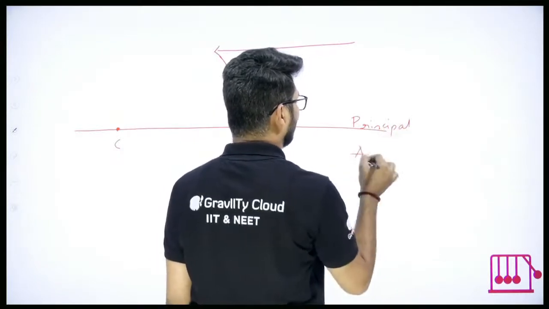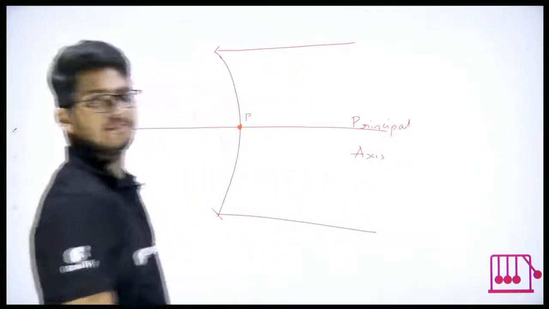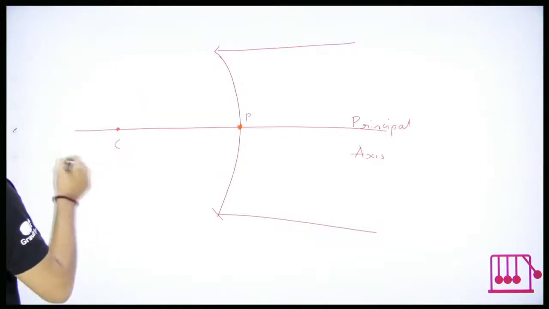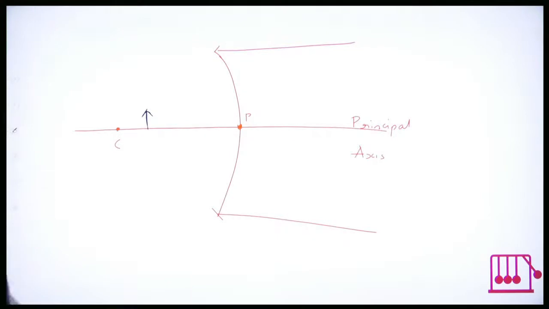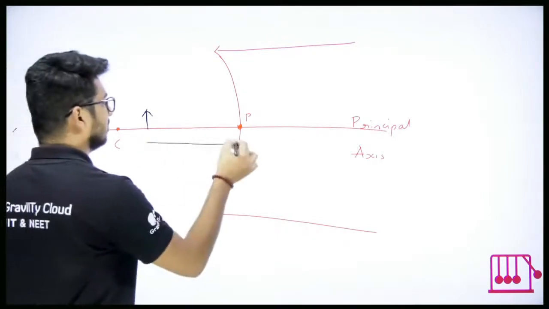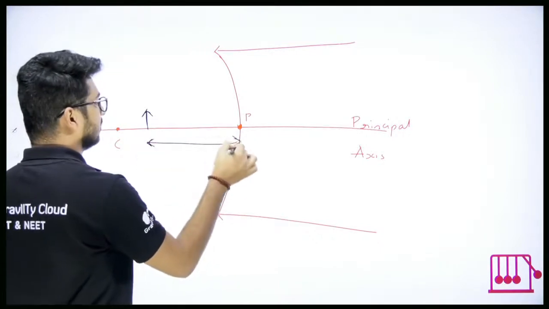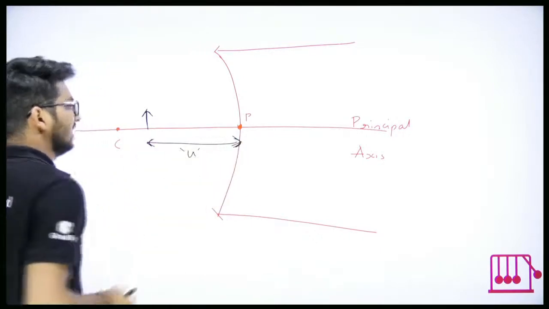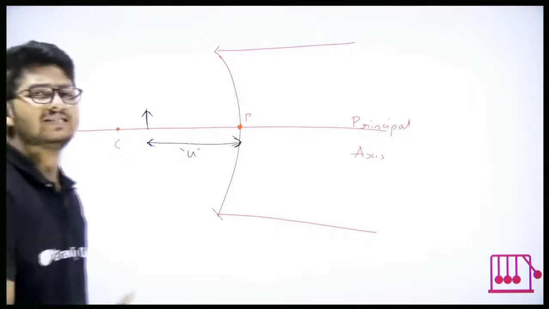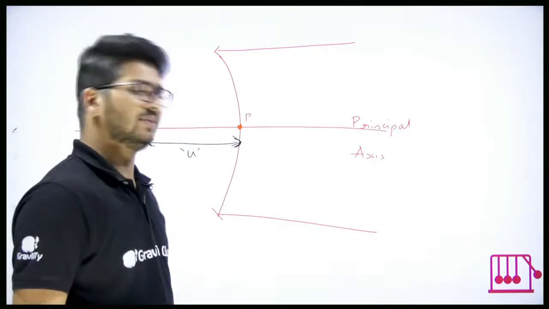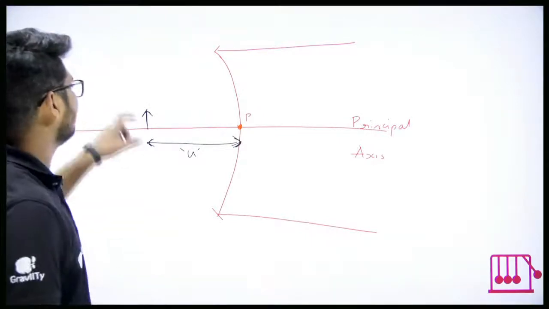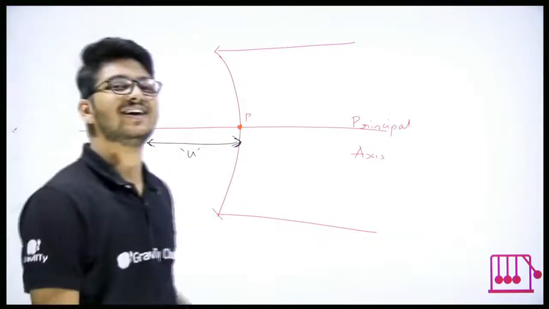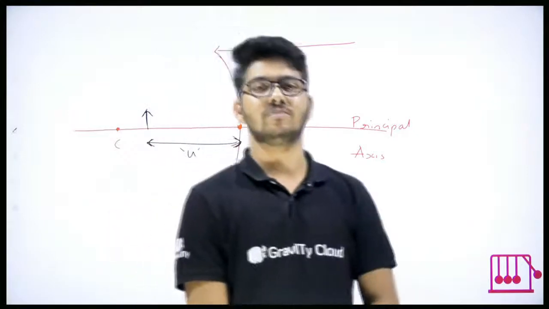Coming back to the question, if an object is present here, obviously it has some object distance, and for object distance we use the symbol u, same as in the case of mirrors. Same symbols. The question is, if the object is placed here, where will the image be formed?